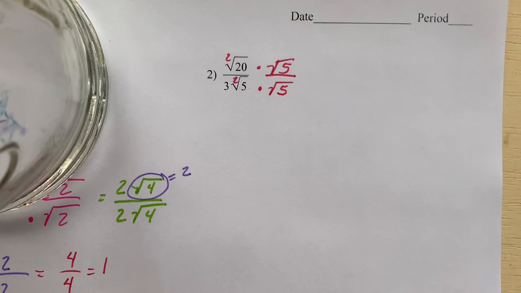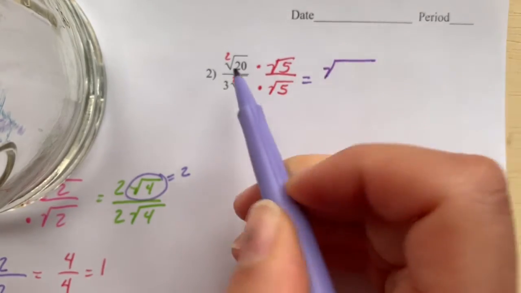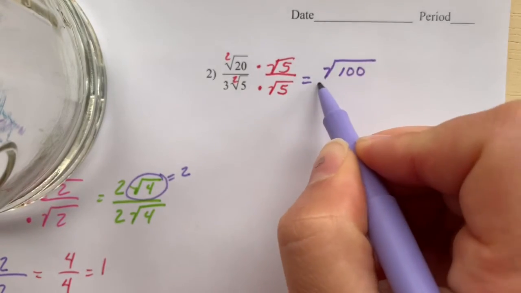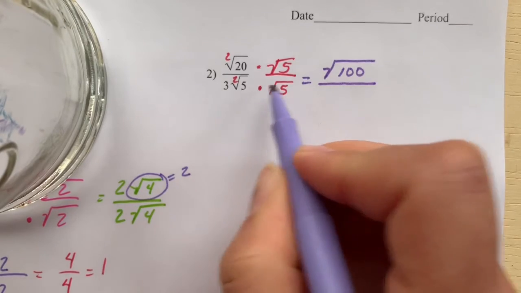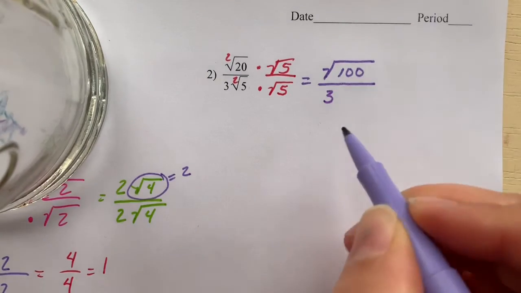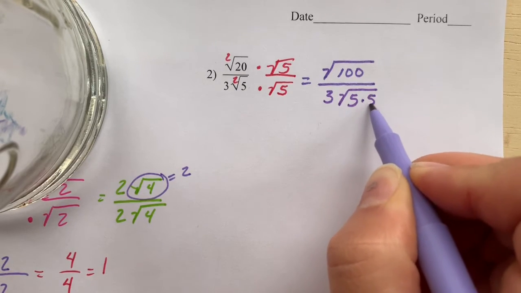So now I can just multiply across the top and across the bottom. So I'm going to have 20 times 5 is 100 over, I don't have another number here, so this 3 just stays outside of my square root. And I'm going to put 5 times 5.